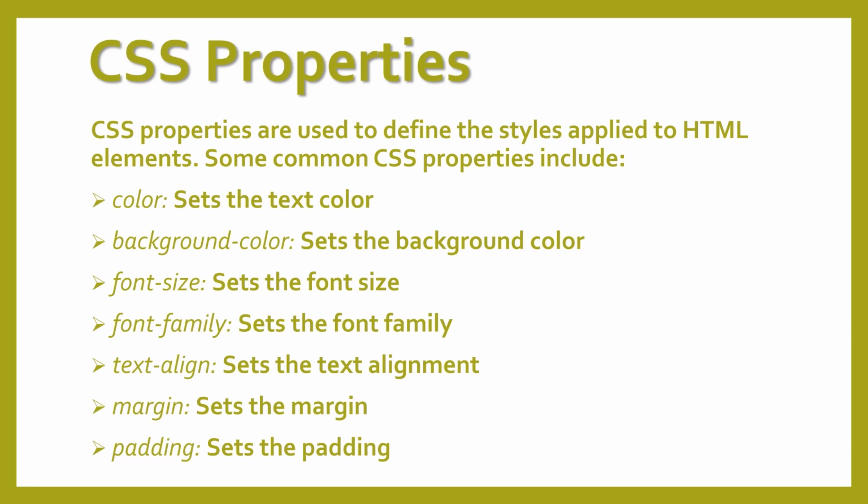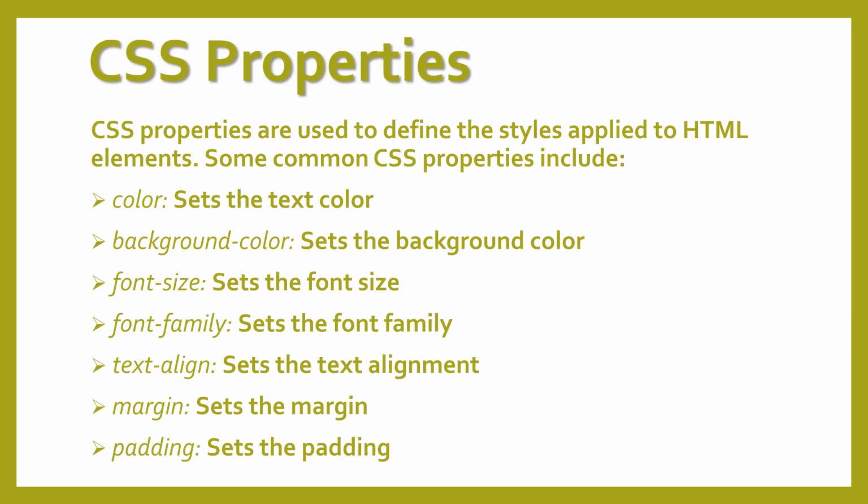Background color sets the background color of the element. Font size sets how big or how small you want an element or a text to appear. Font family sets the type of font that you want to use, how you want it to appear.